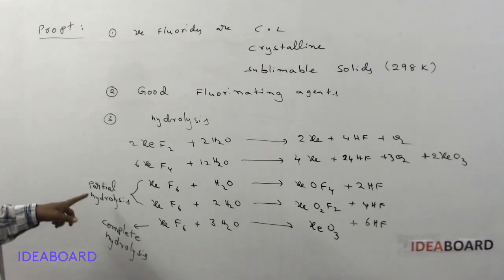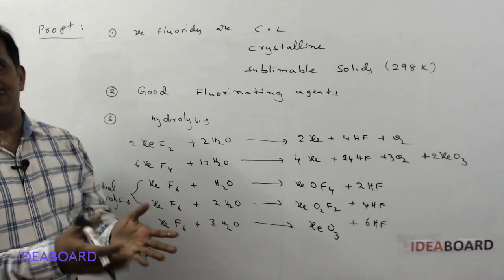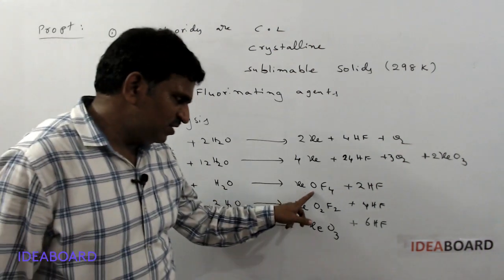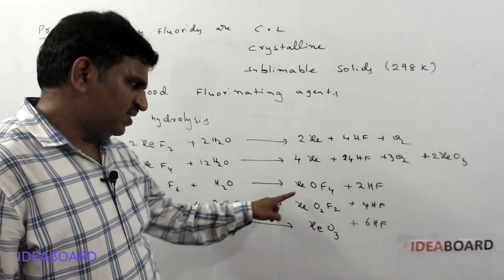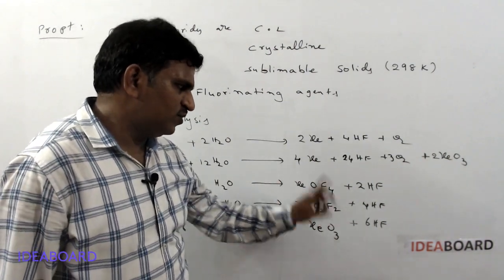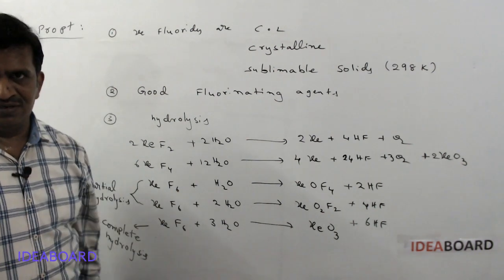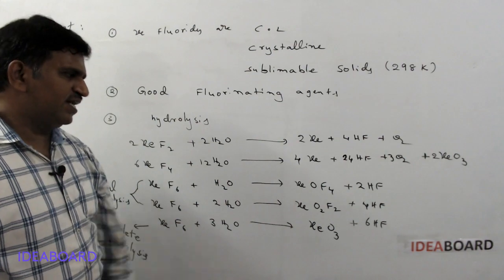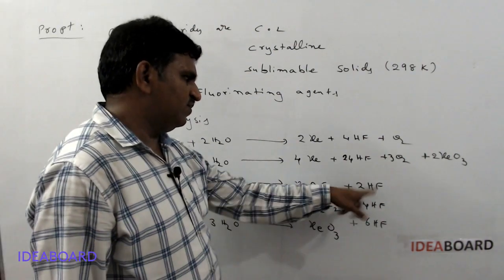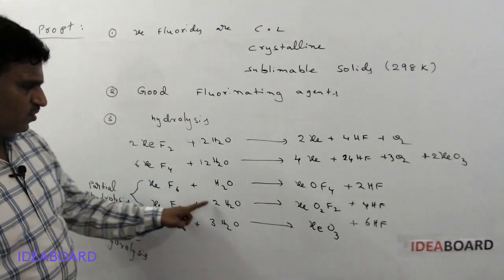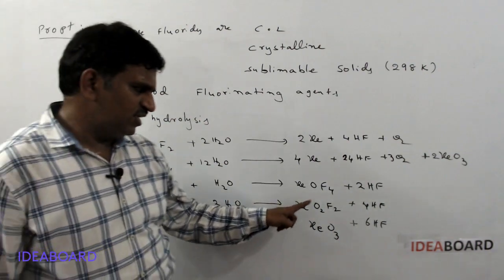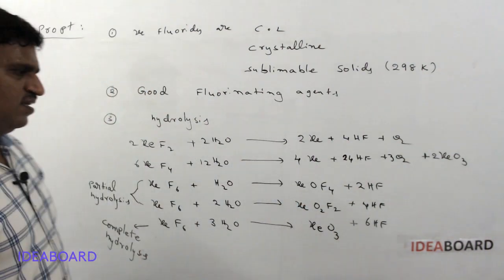Whenever they undergo partial hydrolysis, they form xenon oxyfluorides, either XeOF4 or XeO2F2, depending upon the number of moles of water. If 1 mole of water is reacting, it gives XeOF4 and 2HF. If 2 moles are reacting, it gives XeO2F2 and HF.